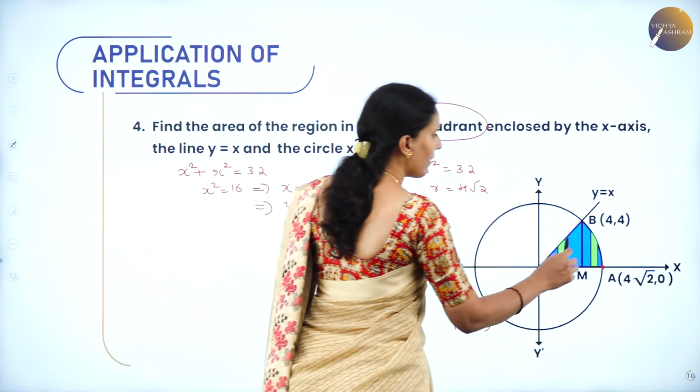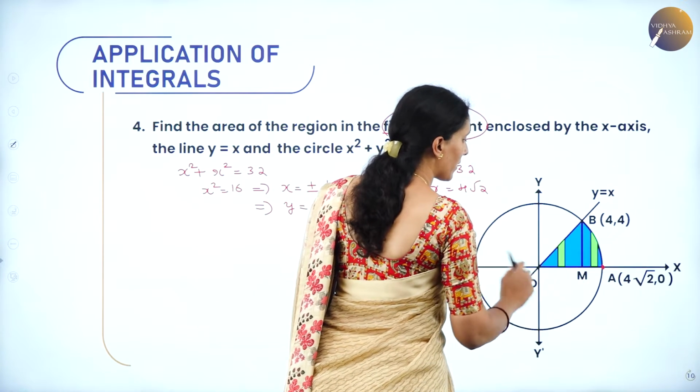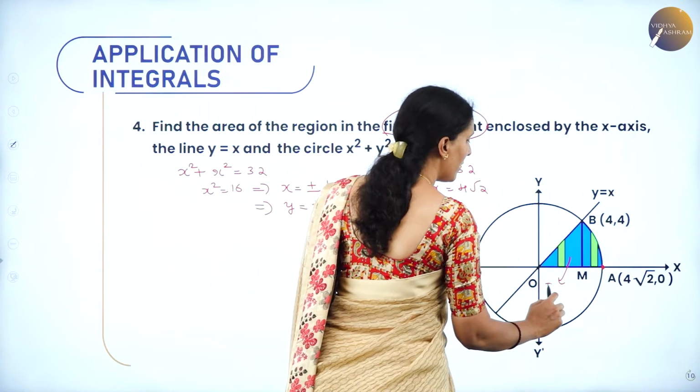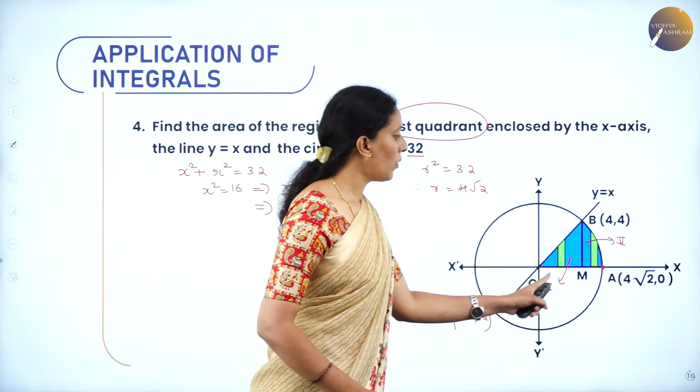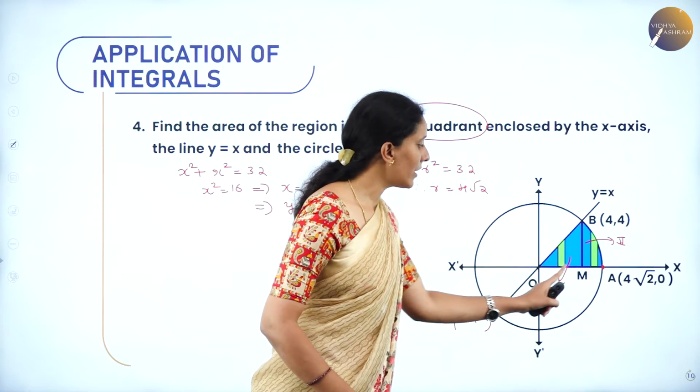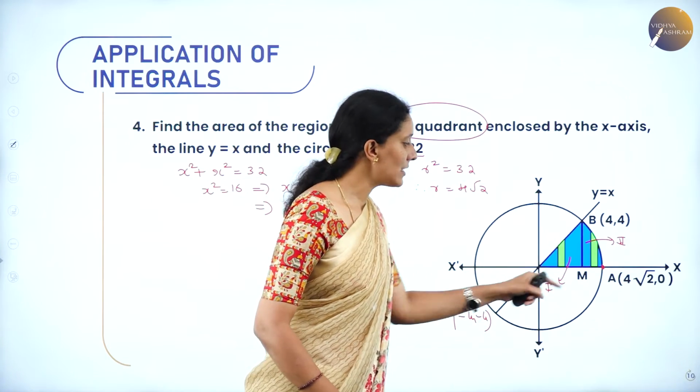Now here I have divided the portion into two parts. So this is my first part and this is my second part. If you add both the regions, then you will get the region bounded by the circle as well as the straight line.